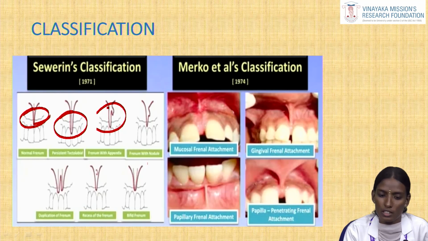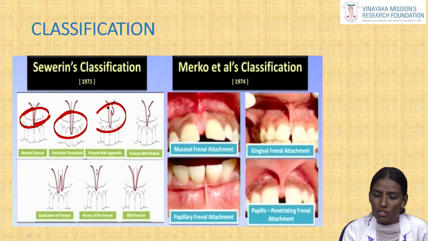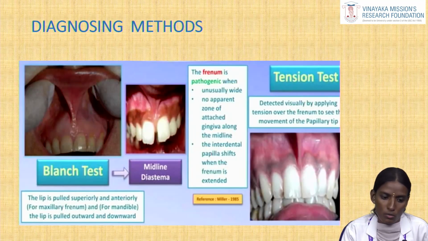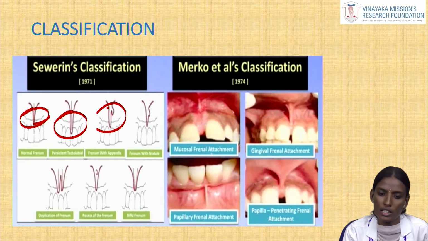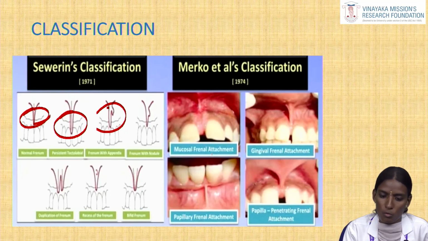Mirko et al. classified into four types: mucosal frenal attachment, gingival frenal attachment, papillary frenal attachment and papilla penetrating frenal attachment.